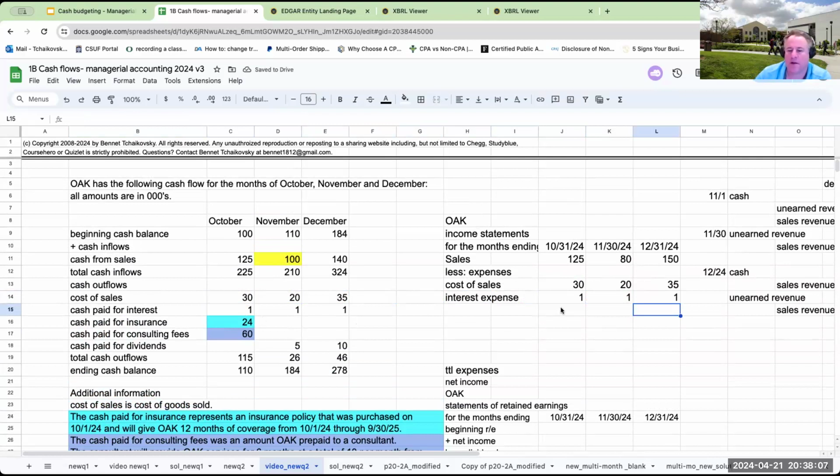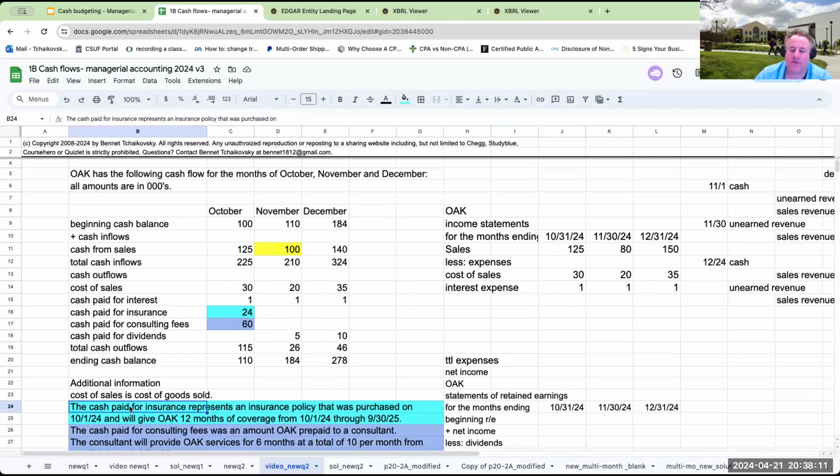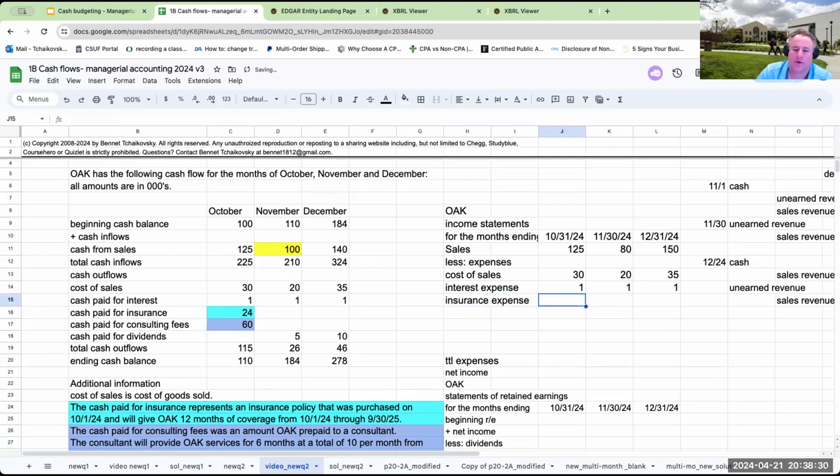Okay. Now, let's take a look over here. The cash paid for insurance represents an insurance policy that was purchased on October 1st and will give us 12 months of coverage from October 1st through September 30th. So we're going to have something we call insurance expense. Do we want to write 24?